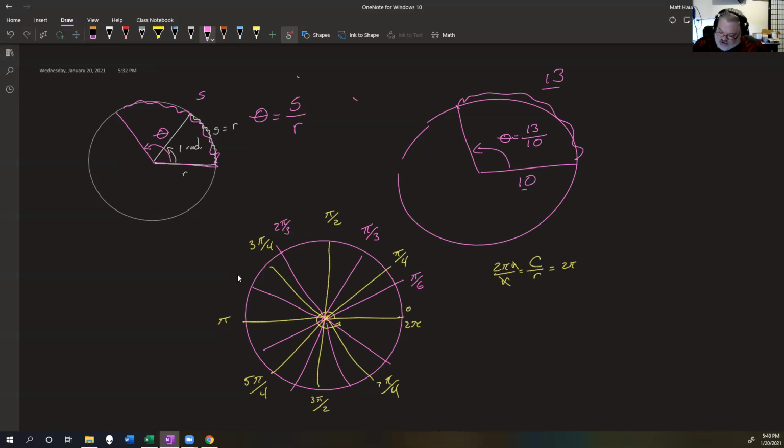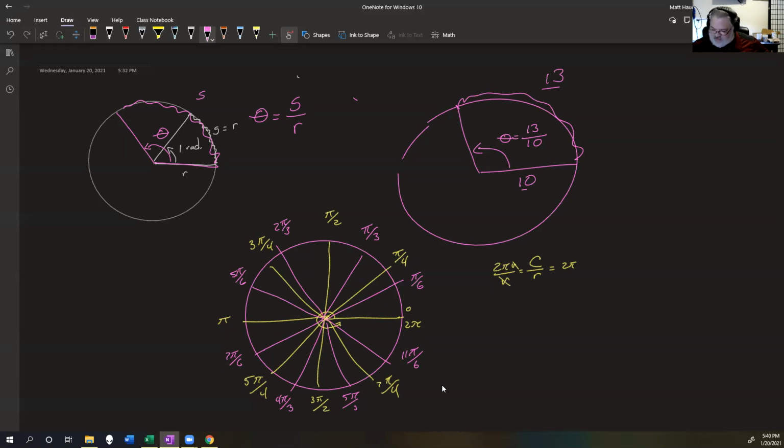Now, kind of an open question last time was why these angles are more important or more significant than other angles. Yes, these are nice cuts of our circle. Cutting it into halves and quarters and eighths are reasonable things to do, but why is that more significant than cutting it into, say, fifths or sevenths or something else?